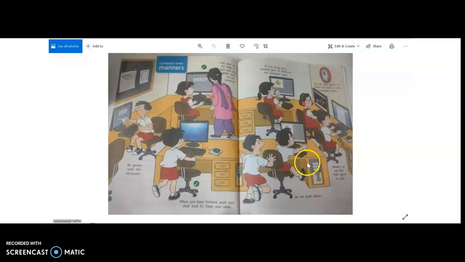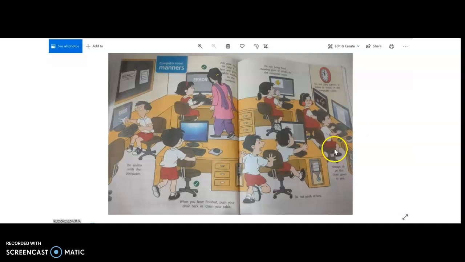One of your friends may be sitting near the system and if you push him, he may fall on the system and the system may also fall down. This will damage the system, and also your friend may get hurt. That is a bad habit. So, do not push each other.